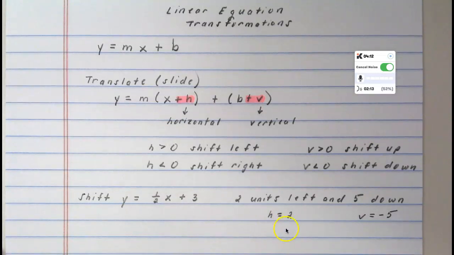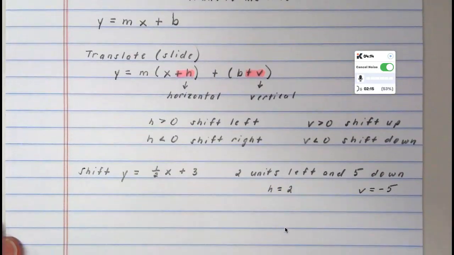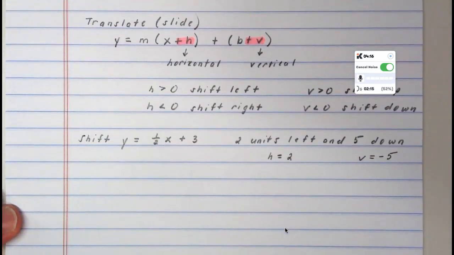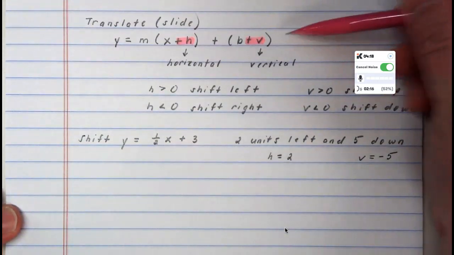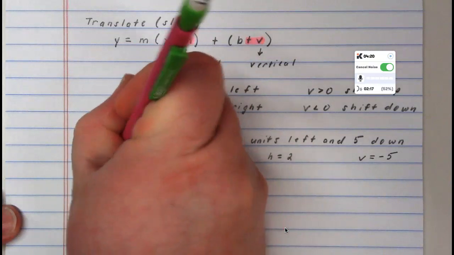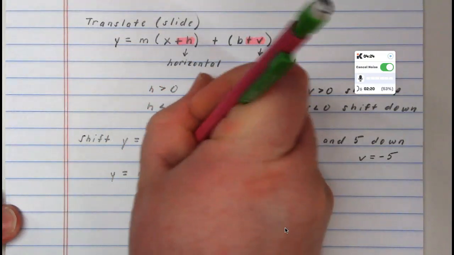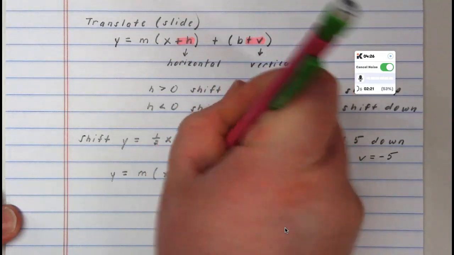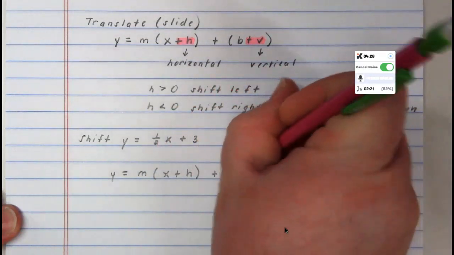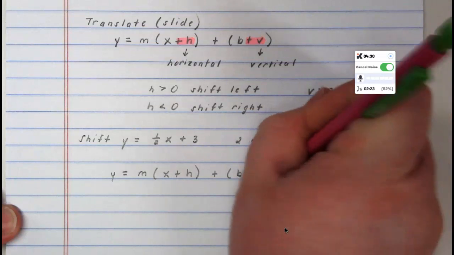We're going to take that information now, and we're going to plug it into this form. So I'll rewrite that just so we have it. y equals m times the quantity of x plus h plus the quantity of b plus v.